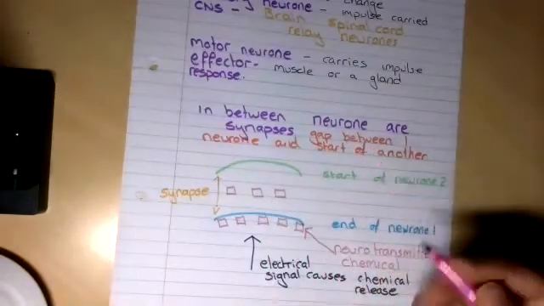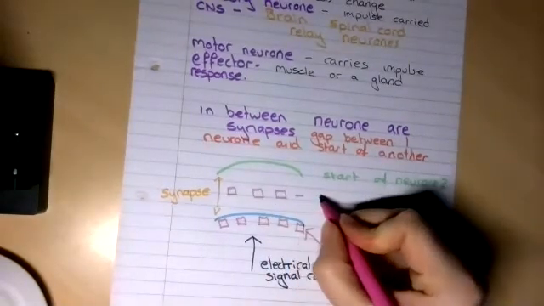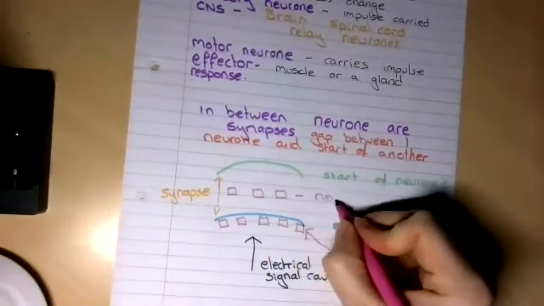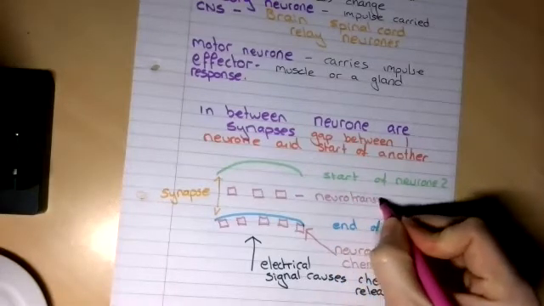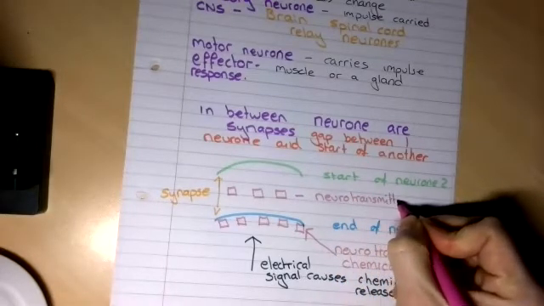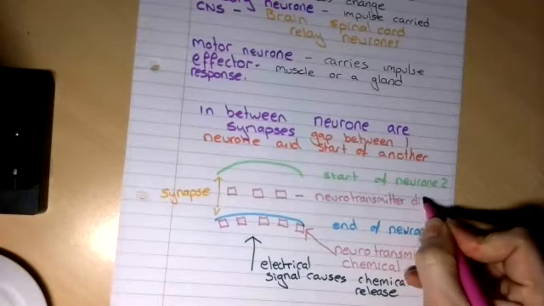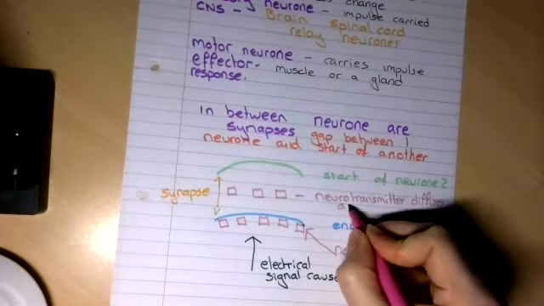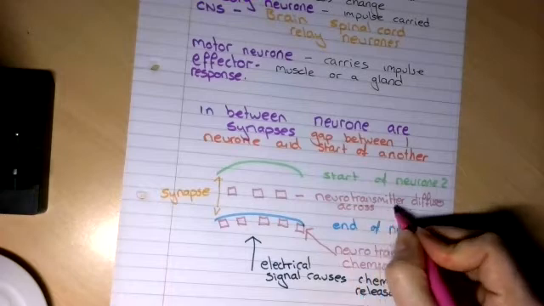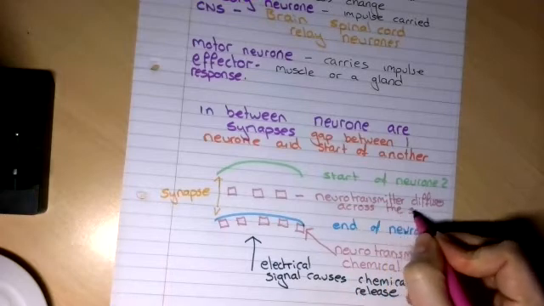So how does it travel across the synapse? It diffuses. So neurotransmitter diffuses across the synapse.